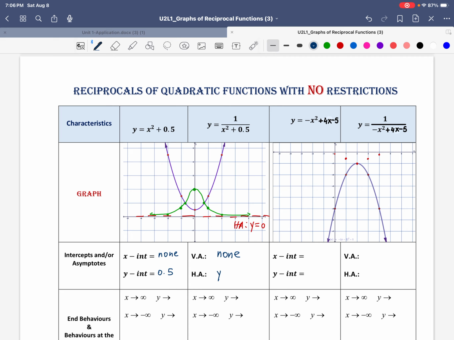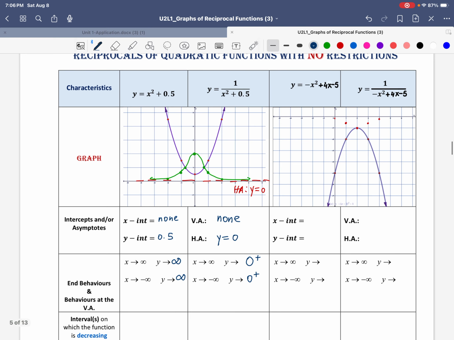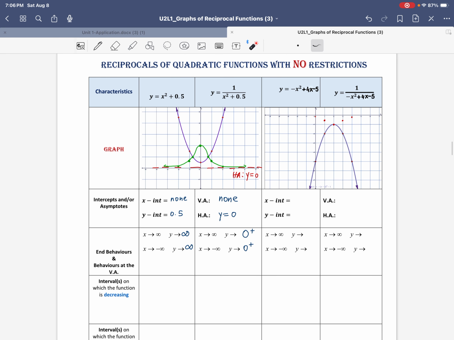We have a horizontal asymptote here at y equals 0. As x approaches plus and minus infinity, quadratic goes to infinity. And for the reciprocal, as x approaches infinity or negative infinity, the y values are floating just above the x-axis, so they are 0 plus.